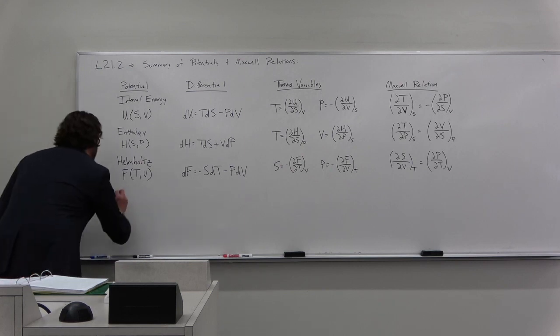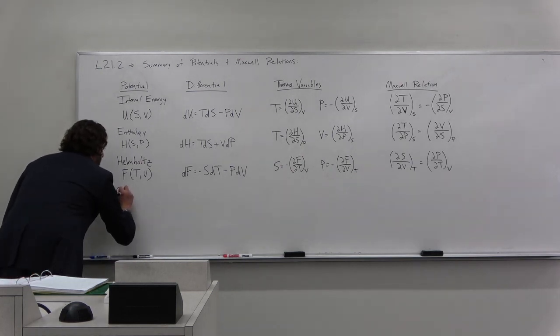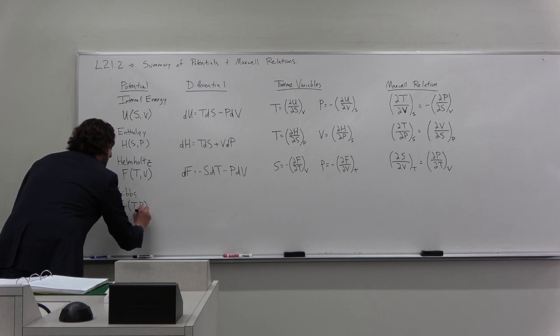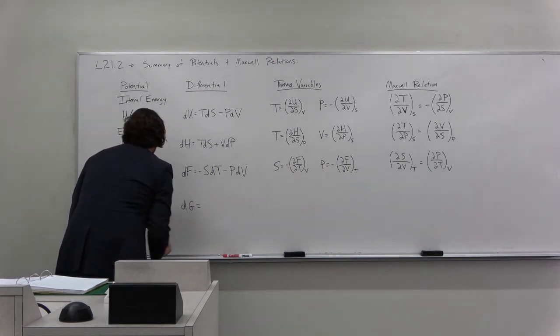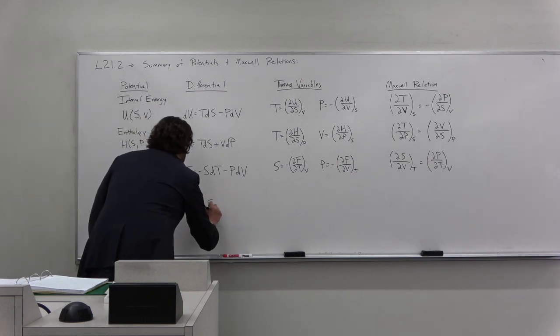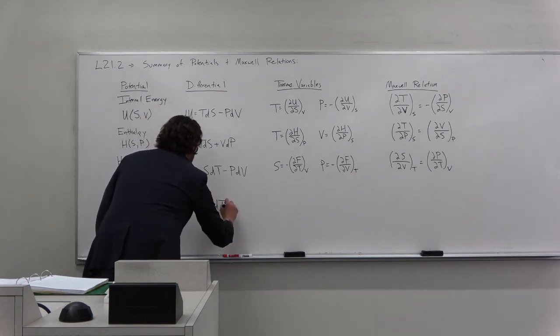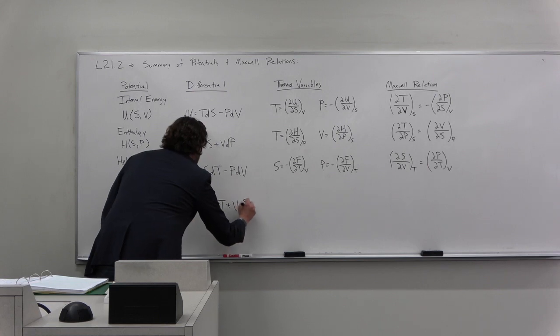And finally, our Gibbs was G was T and P. So our differential dG was minus S dT plus V dP.